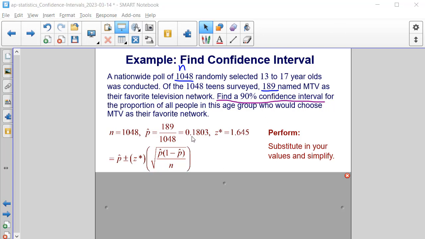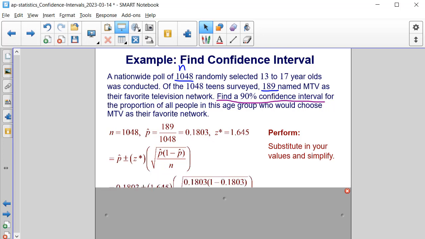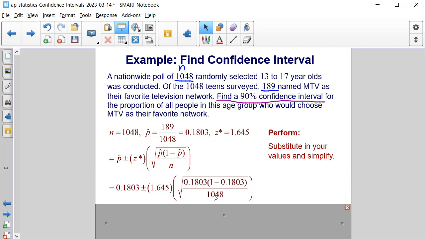So we have p hat is 0.1803. That's going to go in our first spot. We have 1.645 as our Z star. And then we're going to multiply that by the square root of p hat times 1 minus p hat. And then we're going to divide that by our n value, 1,048.